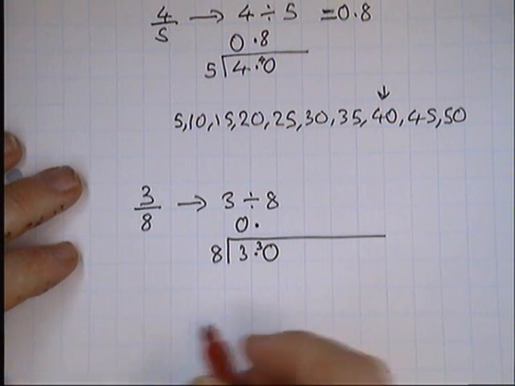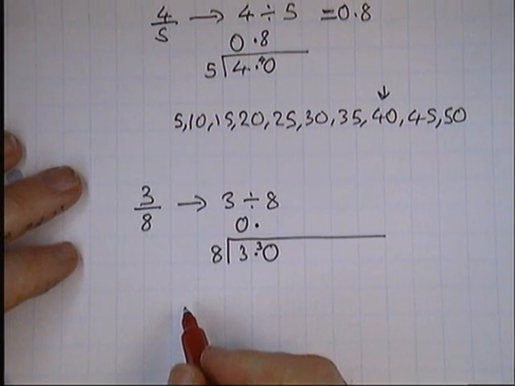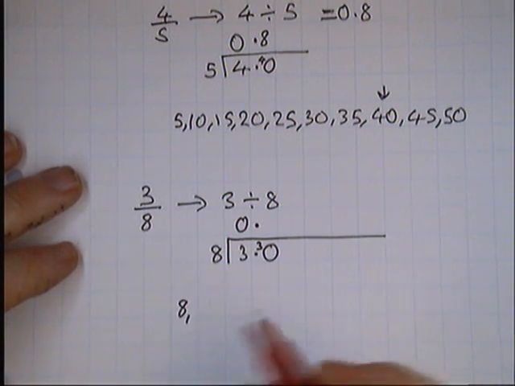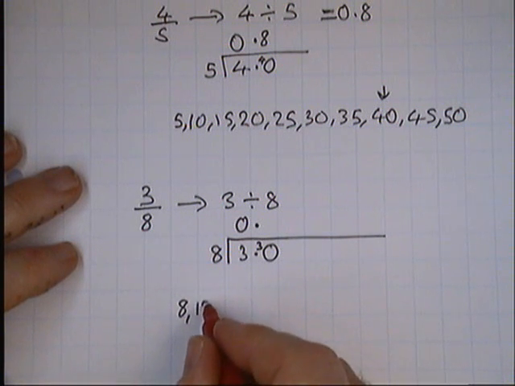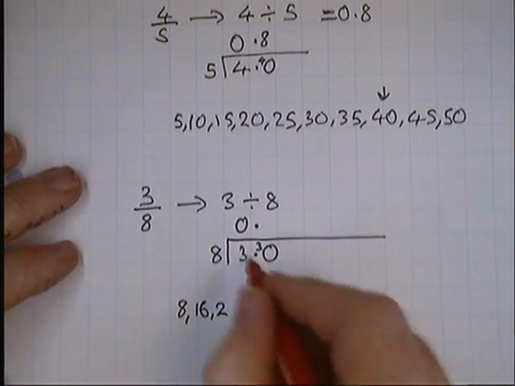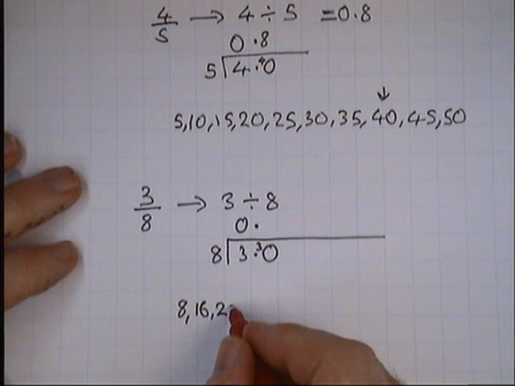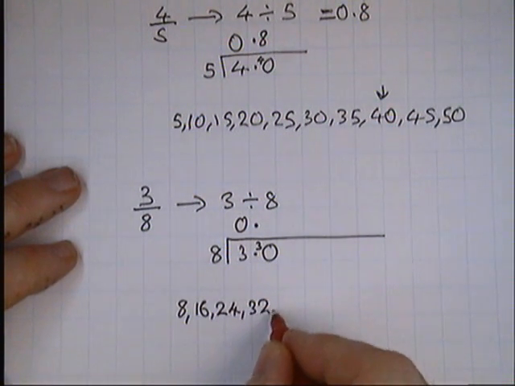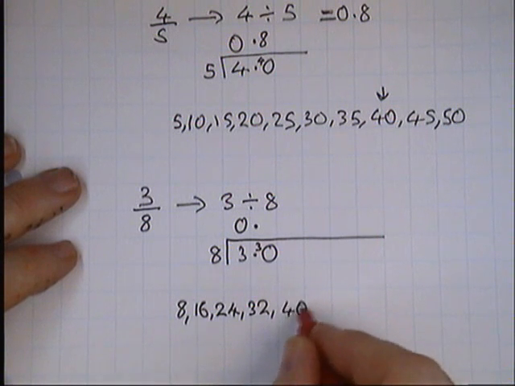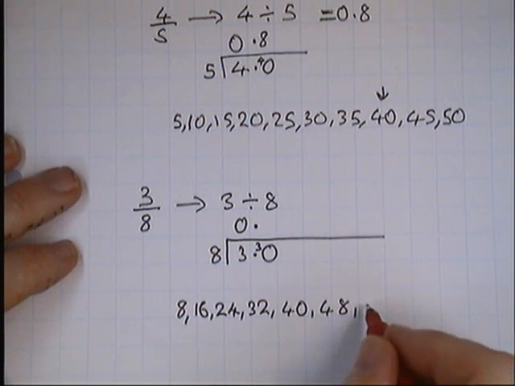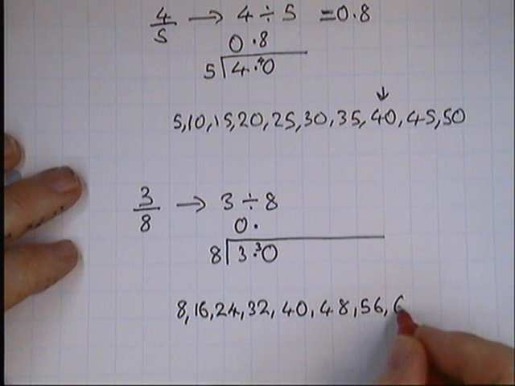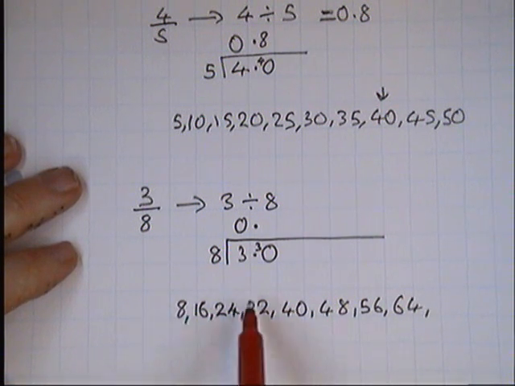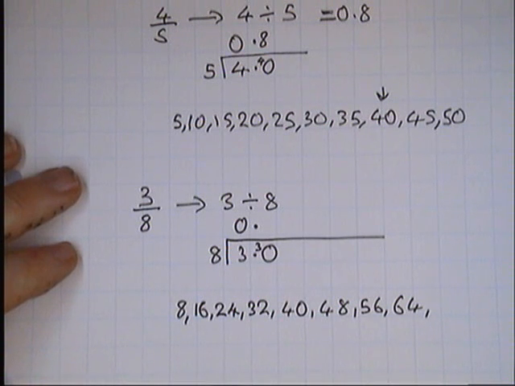Well, let's look at writing out our 8 times table, because if you know them, that's fine, but if not, you need another method. You can either use your fingers, but it's probably better to write them down, because you'll be using them quite a few times in this question. 8, 16, 24, I'm adding 8 each time, 32, 40, 48, 56, 64, and you can keep going, but maybe we won't need to.